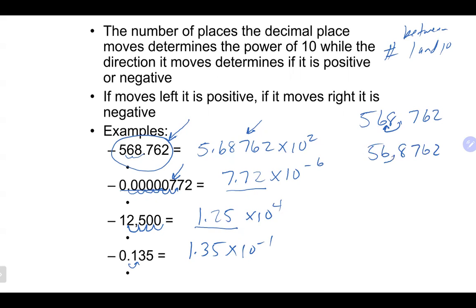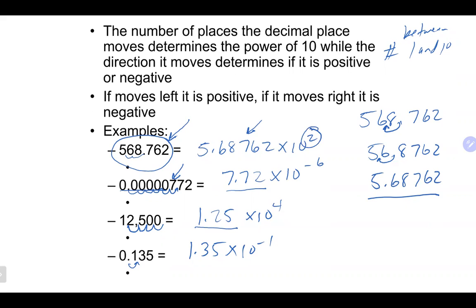I need to go one more place, which gets me to 5.68762, which now is a number between 1 and 10. So you want to move the decimal place whichever way to get yourself to a number between 1 and 10. However many places that you moved is what ends up up on top in that particular case. Other questions on that?